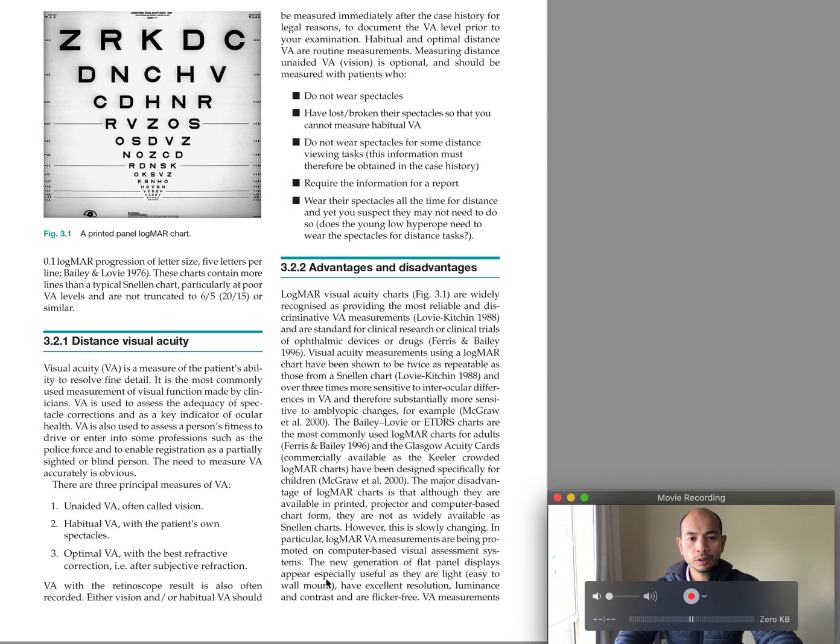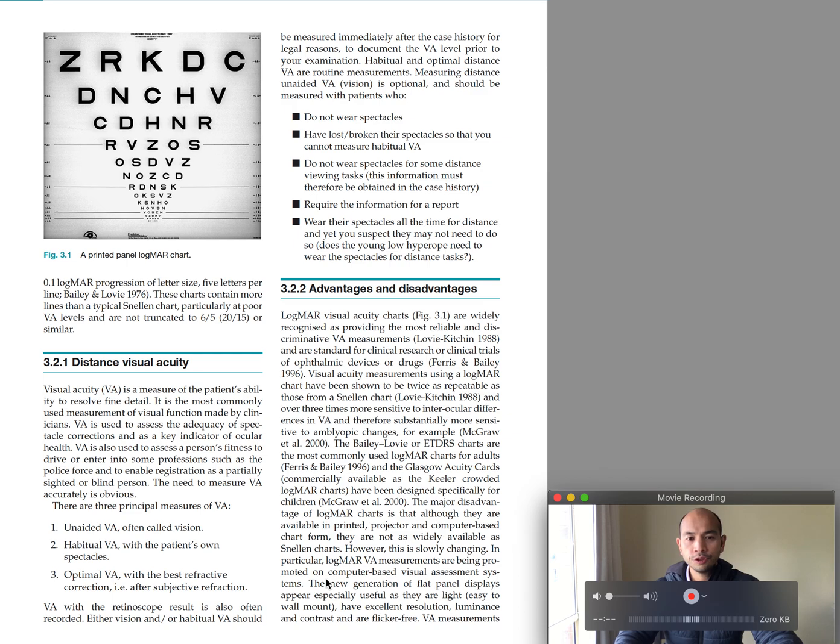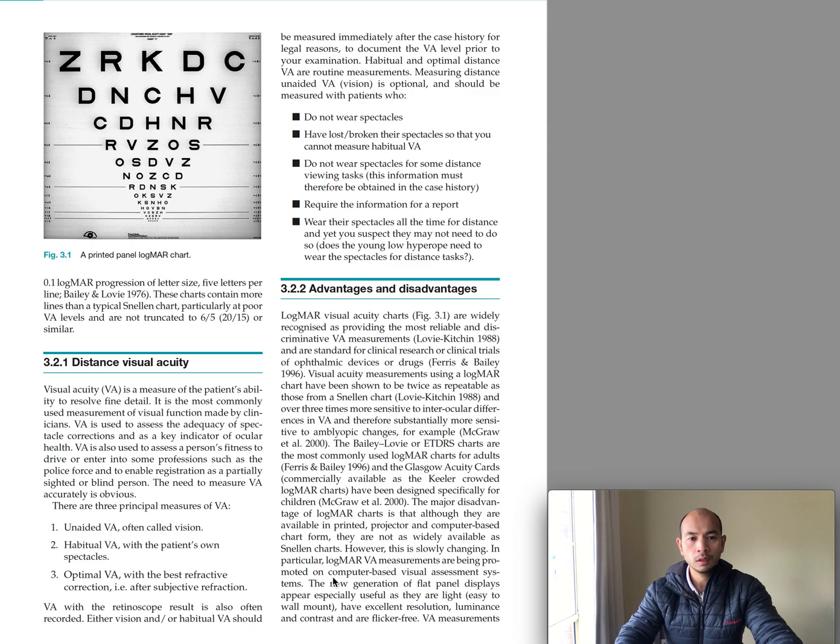Distant visual acuity. Distant visual acuity is a measure of the patient's ability to resolve fine details. It is the most commonly used measure of visual function made by clinicians.